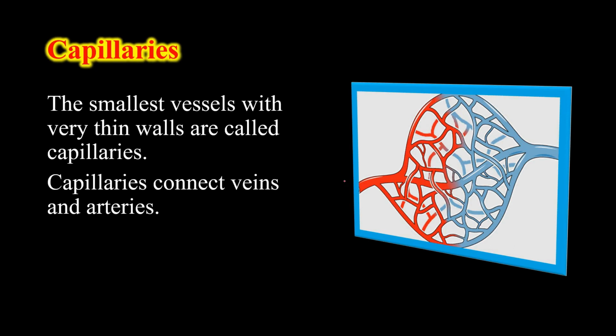Students, when the arteries are about to enter an organ, they divide into small branches, and when the veins are about to enter the organs, they also divide into small branches, and these branches unite together and form a net-like structure, that is the capillary.